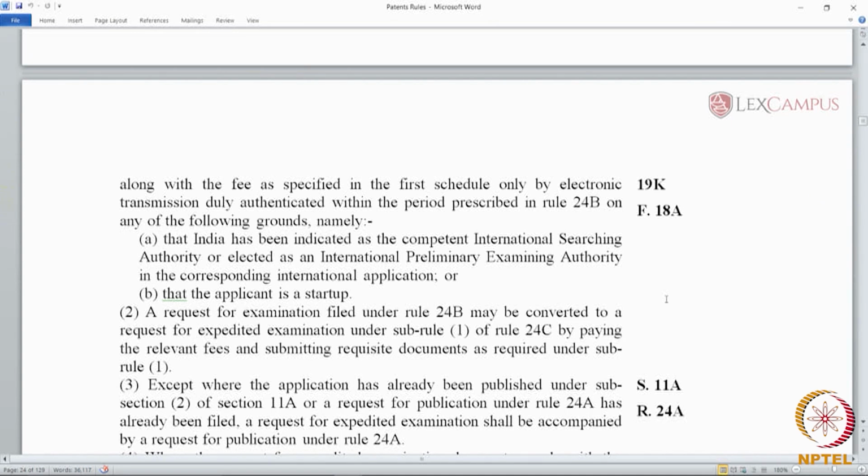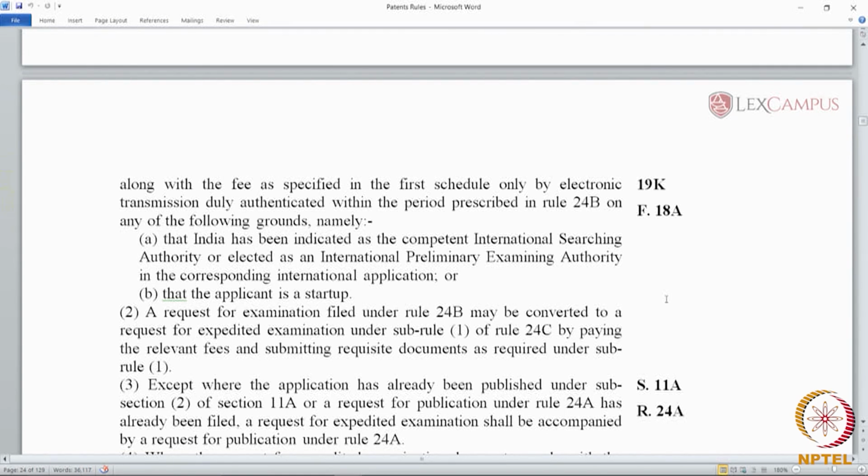Namely, A, that India has been indicated as the competent international searching authority or elected as the international preliminary examining authority in the corresponding international application, or B, the applicant is a startup. Startup is defined in the rules. Startup has special status in the first schedule. First schedule is the schedule which describes the fees.